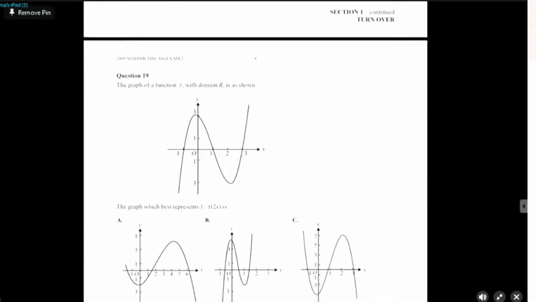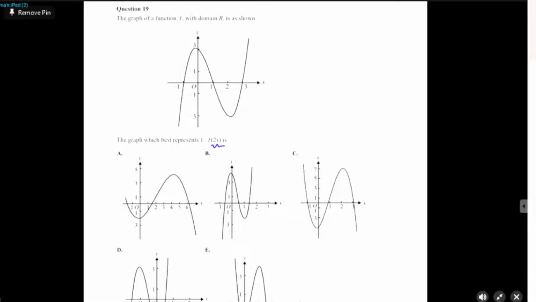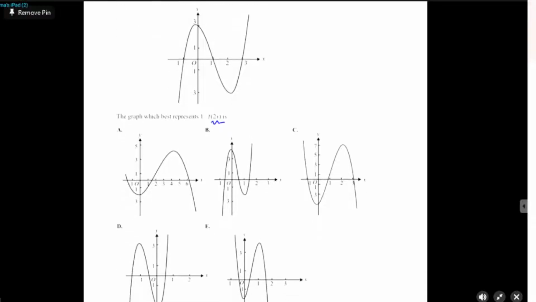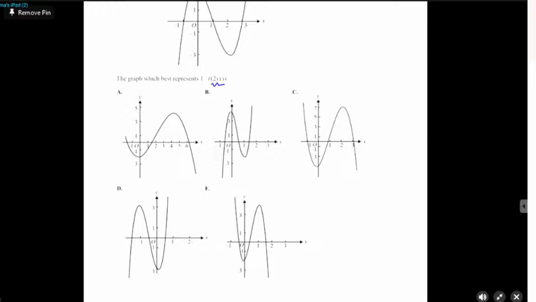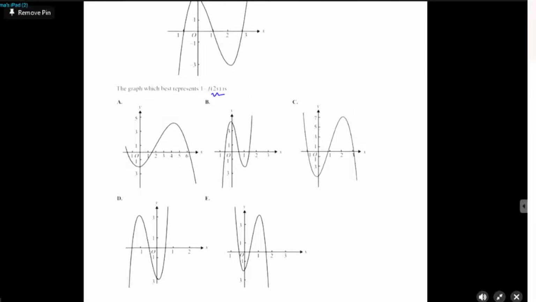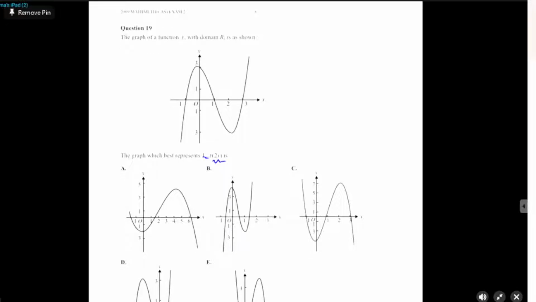With question 19, when you change the dilation by a whole number, you're actually tightening it, or dilating it basically. And then it means that it will become less wide. And also because this is negative, what you're doing is you're flipping the graph and you're moving it up 1.